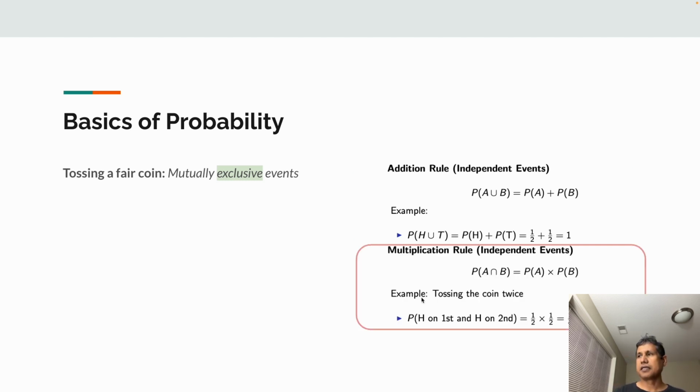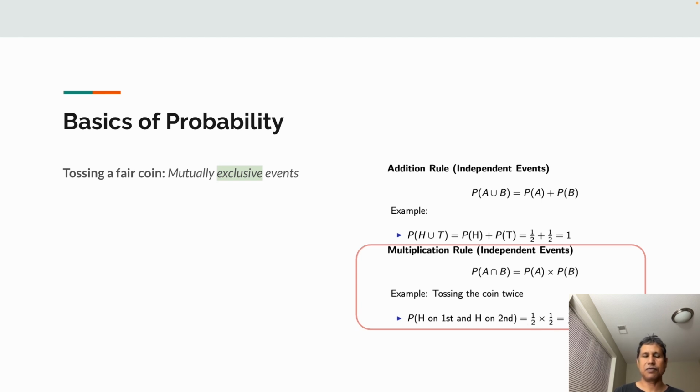Then the multiplication rule. You toss a coin, the first one is head and the second one is head again. Here we are talking about independent events. That means that the second one is not influenced by the first one, okay? So in that case, you will have first time half and the second time half.